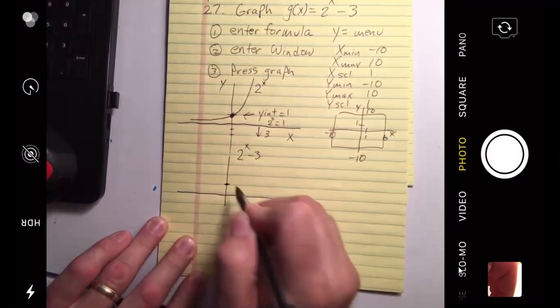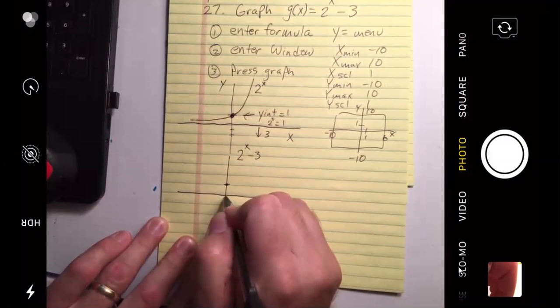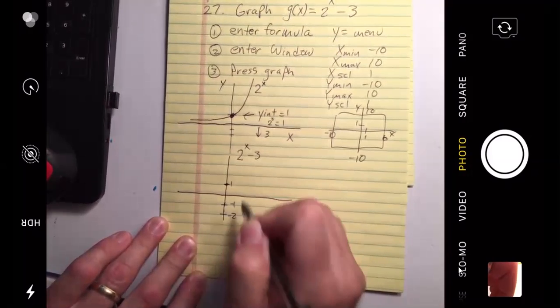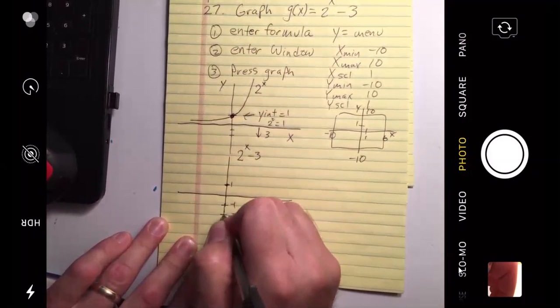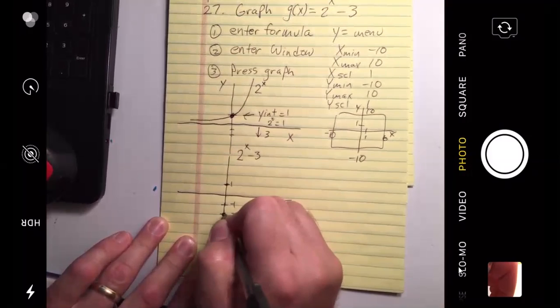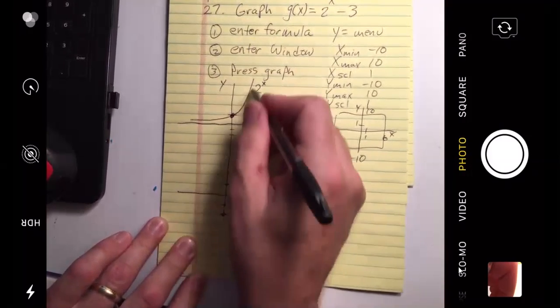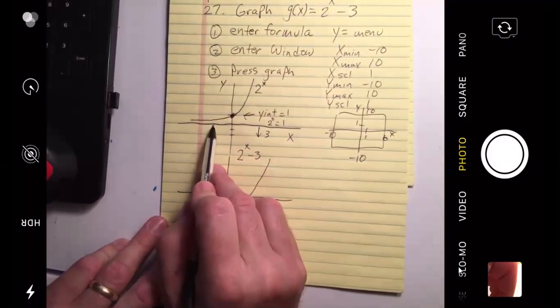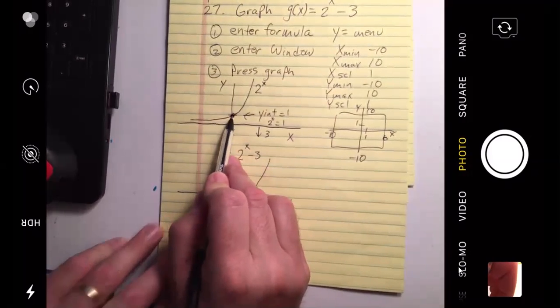So from here, maybe I'll just use the paper lines. 1, 1, 2, 3. All right. From this point, it'll rise exactly like this. But notice how this asymptote is always 1 unit below this intercept. That's an absolute rule.